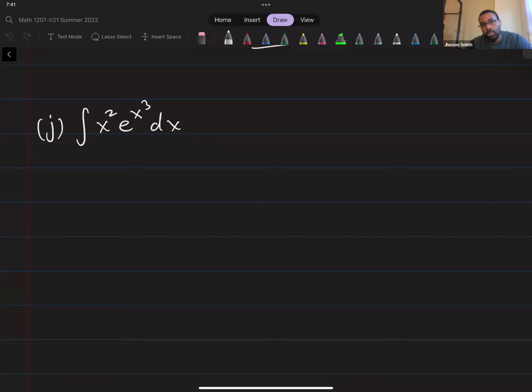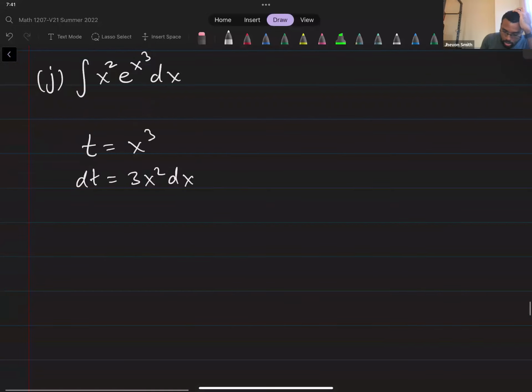I haven't thought this all the way through, so I'm not sure if it works, but would you have to do a U substitution, or T I guess, with T equaling x cubed? Okay, your t equals x cubed. Your dt would be 3x squared dx. This would mean that you have 1/3 dt equals x squared dx.